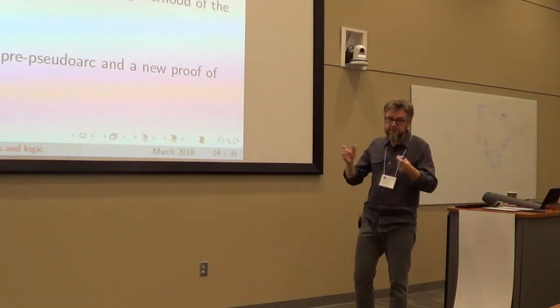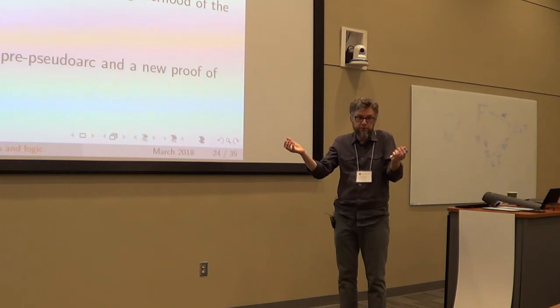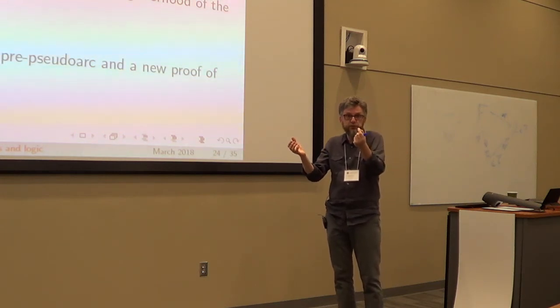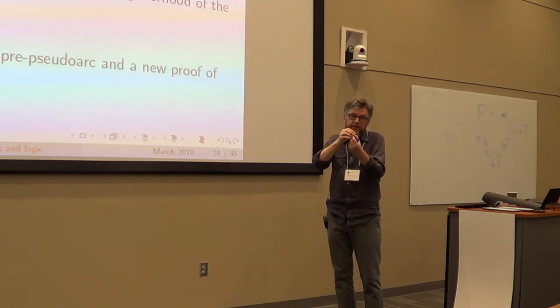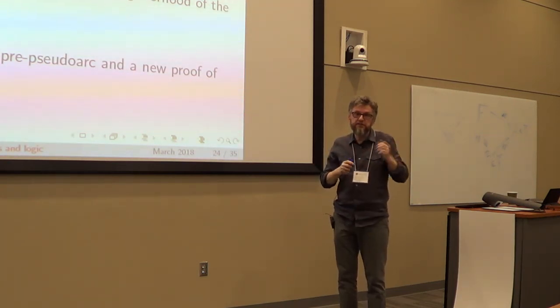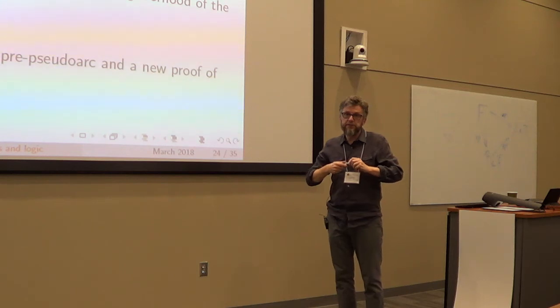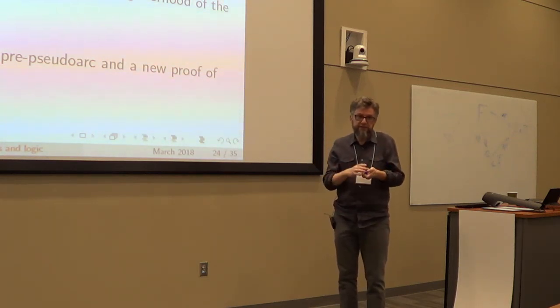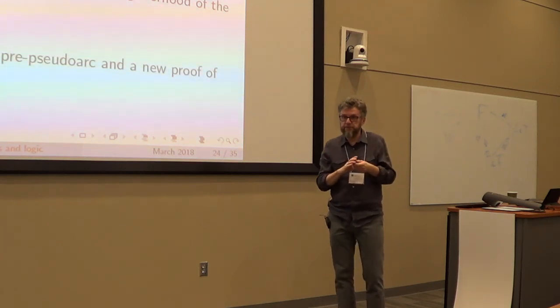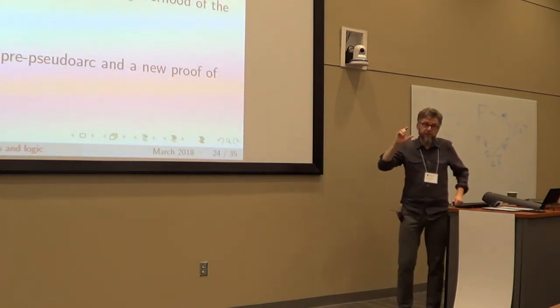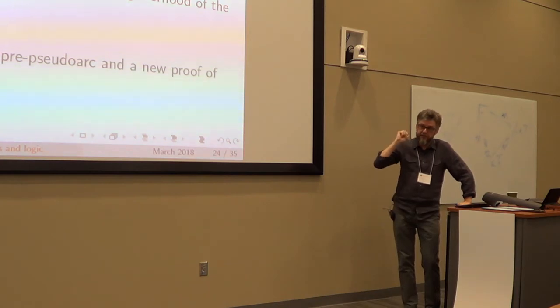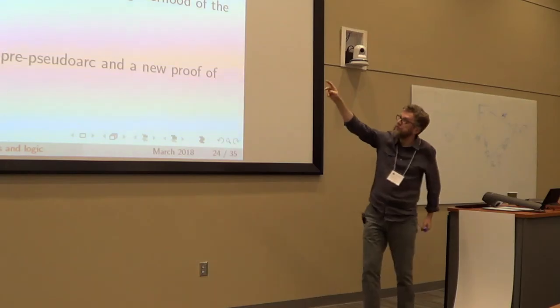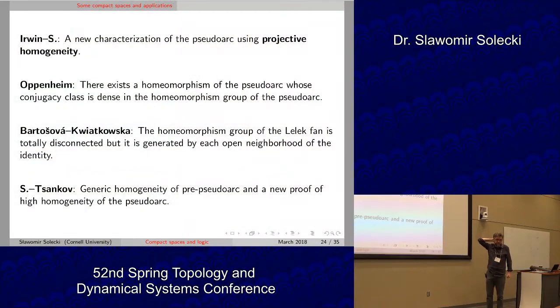The problem says the following: if you have a pseudo-arc, you pick a point in it, you look at all the homeomorphisms that fix this point, and then you ask, is this group extremely amenable, meaning if you take any continuous action of that group on a compact space, does it have a fixed point? So this is still not known. Normally, extreme amenability, if it's true, connects with Ramsey theory through these Fraïssé structures. And this is why this seemed relevant.